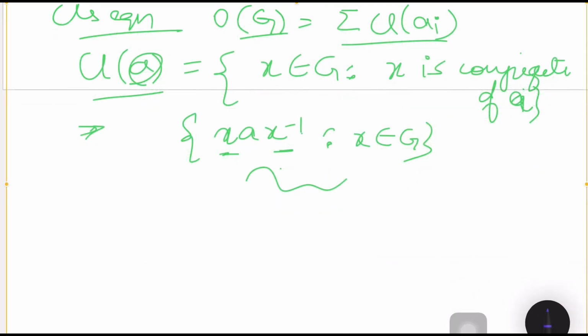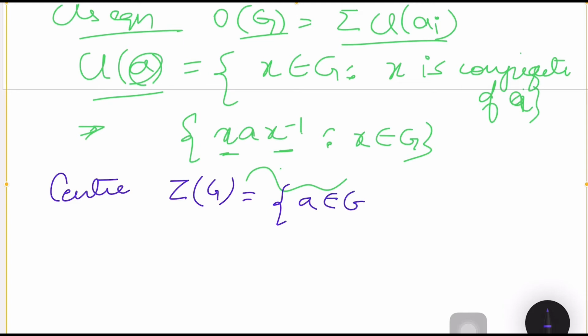Now let's define ZG, the center. So what is the center of a group? ZG is basically the collection of all those A belonging to G, elements of G, such that A is self conjugate.